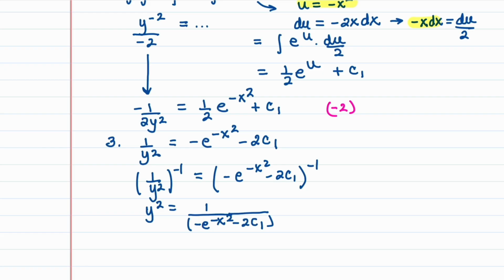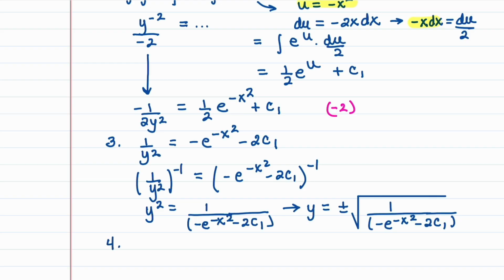Now we can solve for y by taking the square root. This gives us y is equal to, remember, you take the square root, you need that plus or minus. We have 1 all divided by minus e to the minus x squared minus 2c1.